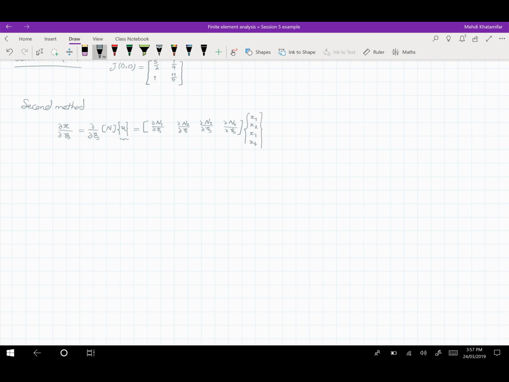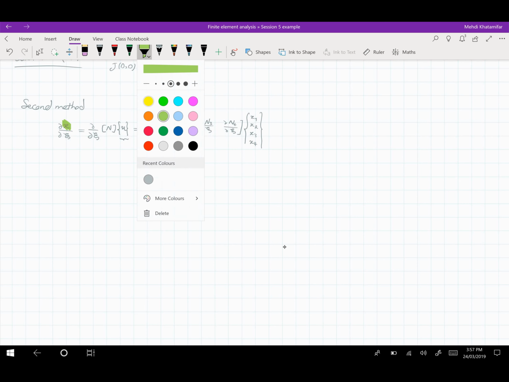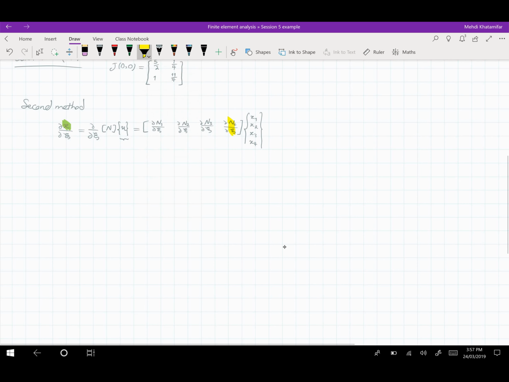So instead of finding the formula for x and easily finding the derivative, this time I'm going to find these values and then go back and find these ones. Okay, so now you understand my strategy for this second method.